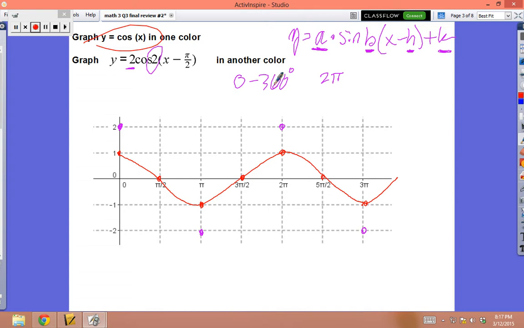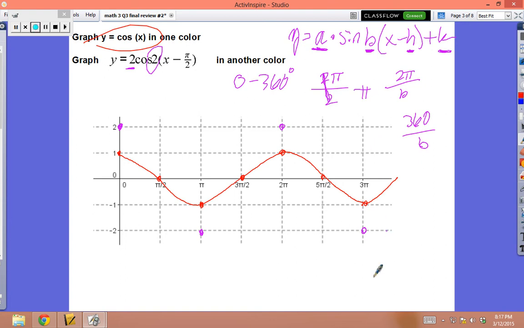Now how to find your new period is you need to take b, and you take 2 pi and you divide it by b. Or you take 360 and you divide it by b. So since we're already in pi's, I'm just going to take 2 pi and divide it by 2, because that's what b is. And now my new period is going to be pi.